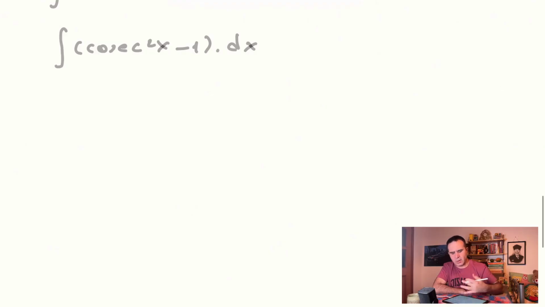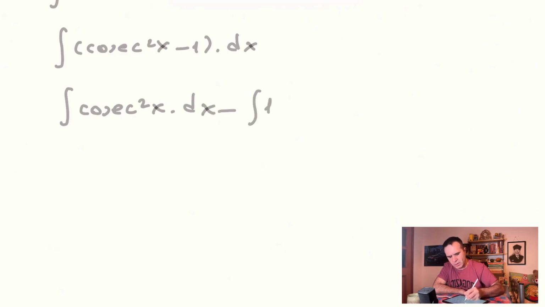Then we can split the integral into two parts, and this will become the integral of cosecant square of x dx minus the integral of 1 dx, but I don't need to write 1 here. We know that the derivative of cotangent x is minus cosecant square of x.